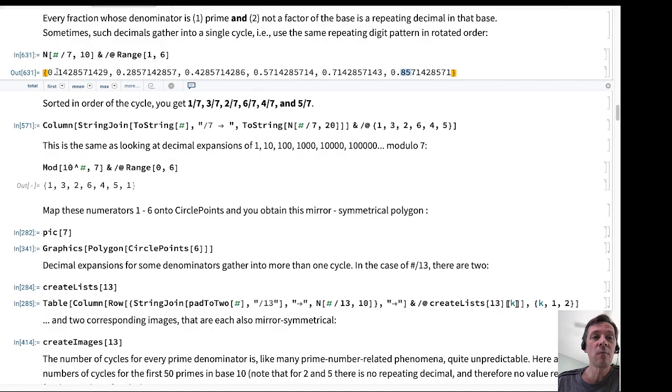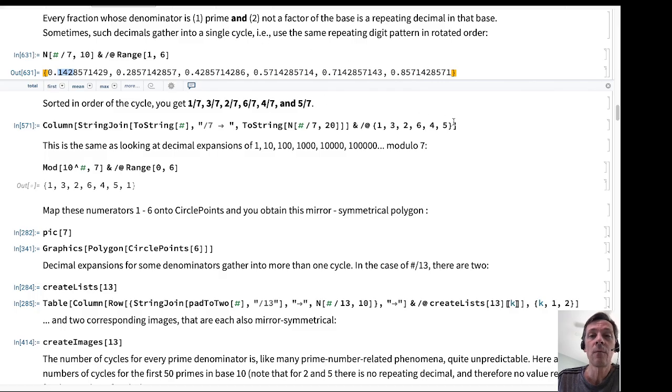So this one starts with 1, 4, and then the one starting with 4 is here. The one starting with 2 is here. The one starting with 8 is here. 8, 5, 5, 7, 7, 1, and then back to 1. I'm not interested in their rising order, but in what I want to call their cyclical order.